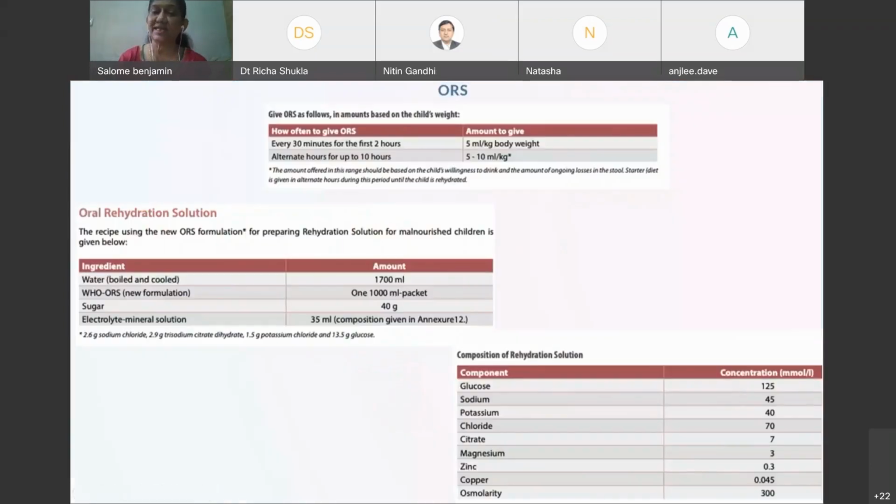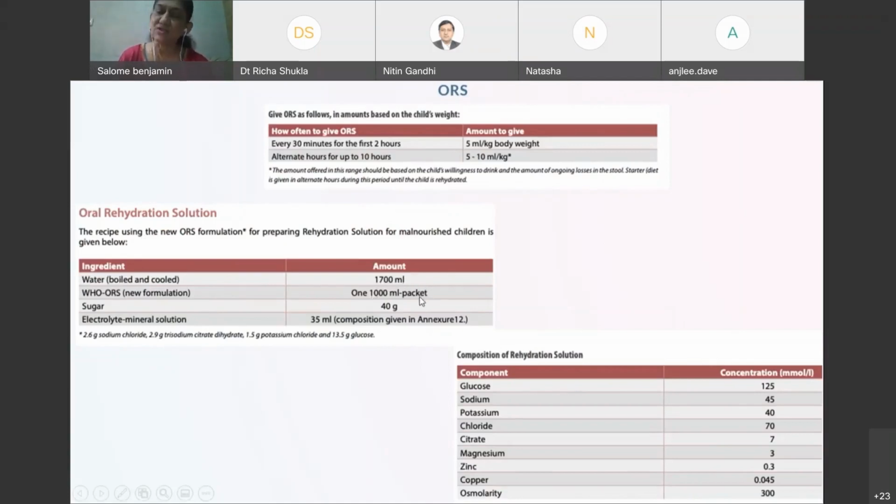So this is also again a busy slide, but it is for ORS. How do you give ORS? How often to give ORS? Every 30 minutes for 2 hours, which we have seen in the other algorithm table on previous slides. And how you will make ORS is also here. Here they have diluted it to 1700 ml.